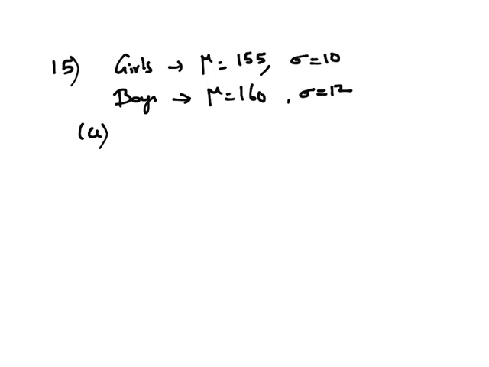The first subdivision, find the probability that a girl is taller than 170. So P of x more than 170. This is for the girls. So what I'll do is distribution normal NCD.